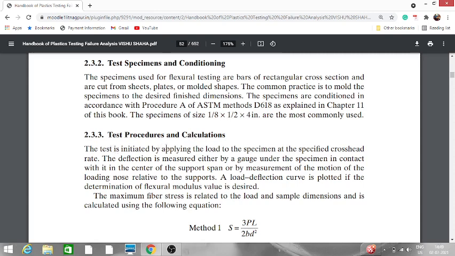The test is initiated by applying the load to the specimen at a specified crosshead rate. The deflection is measured either by a gauge under the specimen in contact with it at the center of the support span, or by measurement of the motion of the loading nose relative to the supports.